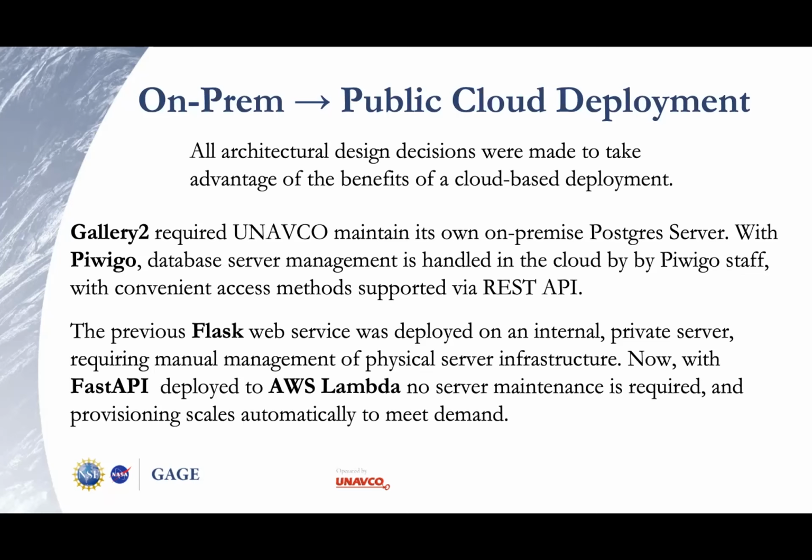So again, PyWego is a cloud-based alternative to Gallery 2, and for our API service, we moved that as well to an AWS hosted environment, specifically using a feature called AWS Lambda, which actually requires no server provisioning, and all functionality is provisioned automatically when a request is sent, and then deprovisioned when that request is no longer being processed.